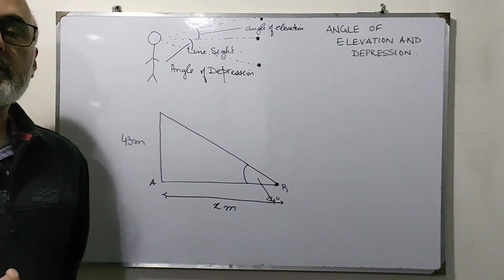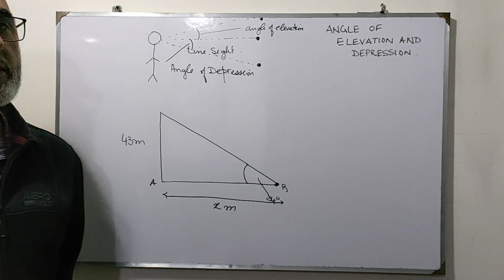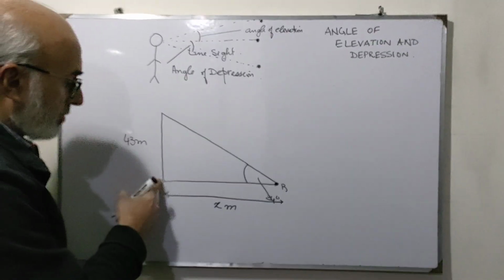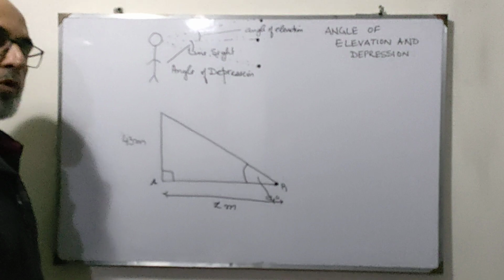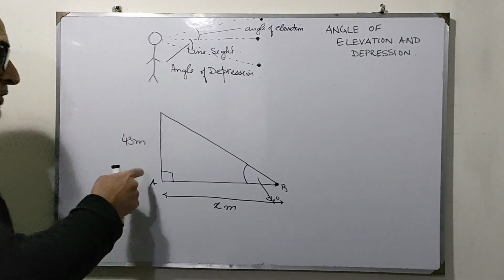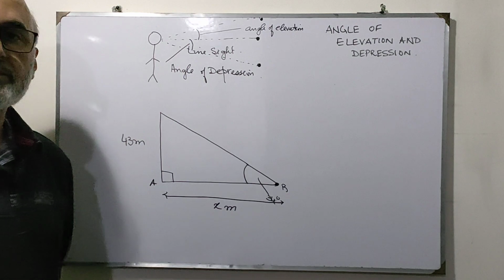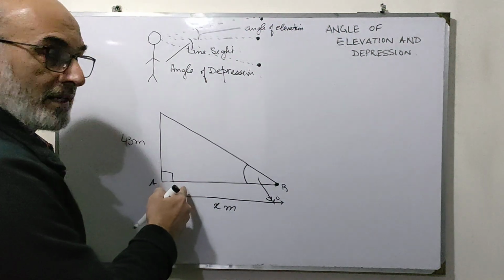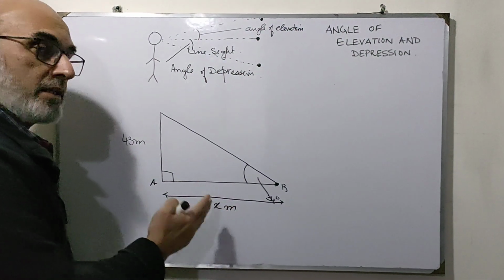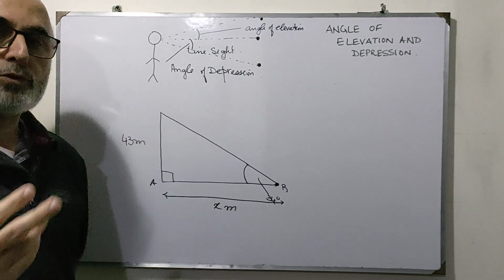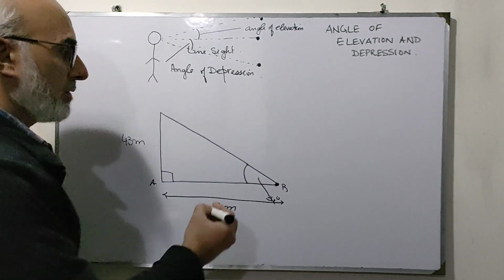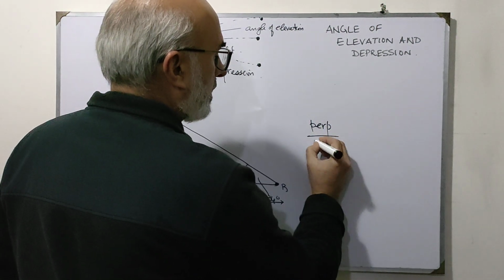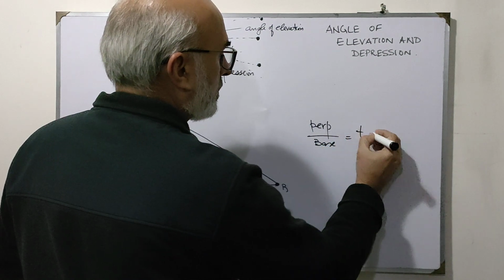So how are we going to do that? We're going to apply a trigonometric ratio. The straight building is making a 90-degree angle with the ground, so this is our perpendicular, and this ground level is the base. When we are comparing perpendicular and base, these two give us tangent. So perpendicular over base is equal to tangent.